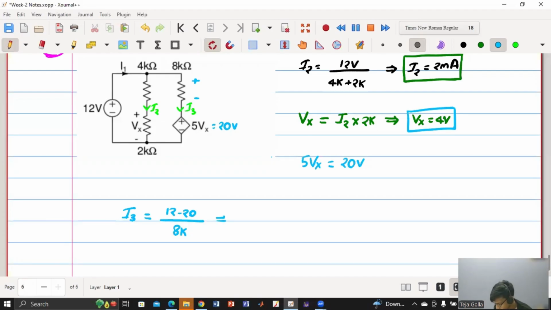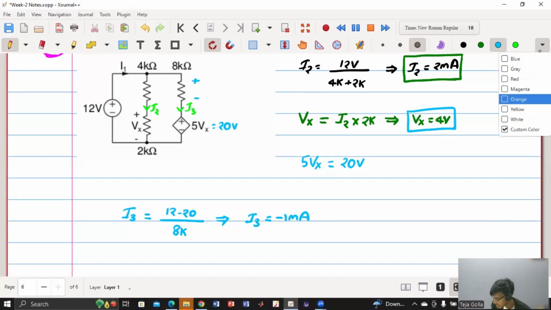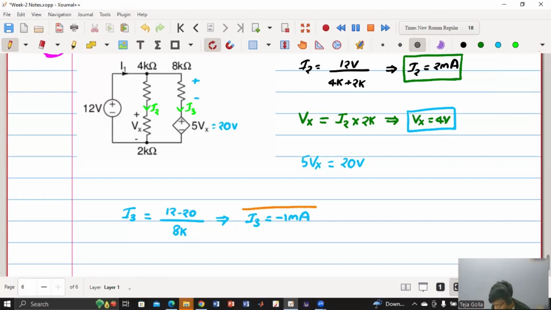Now can you tell me the current value? Minus 1. Yes. Trishul, whenever you are writing the answer, you should also mention the units because they are very much important. I3 is minus 1 milliampere, right?